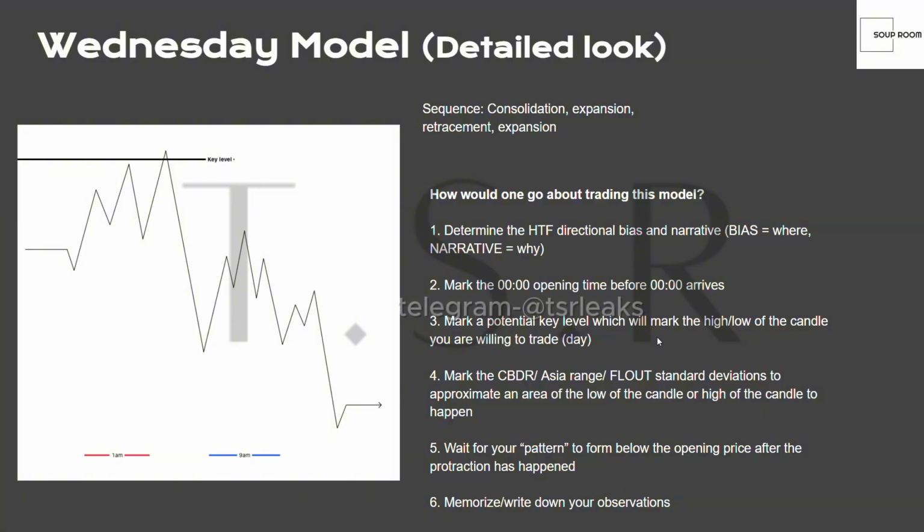Step 3, mark a potential key level which will mark the high or low of the candle you are willing to trade. In this case, it will be the daily candle, Wednesday's daily candle. So let me rephrase. Mark a potential key level which will mark the high or low of Wednesday's daily candle. This is the key level in this scenario.